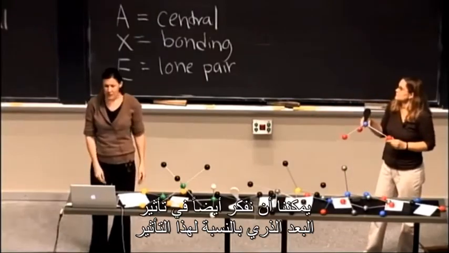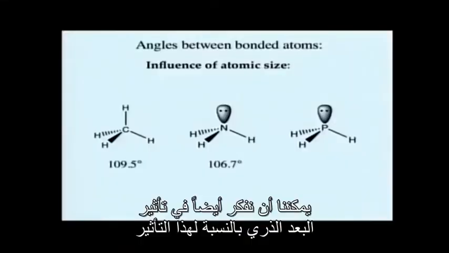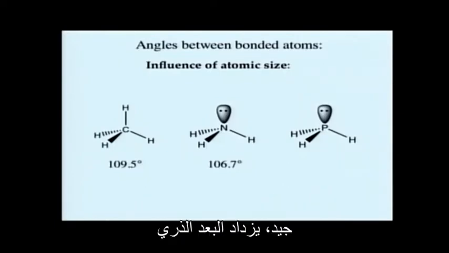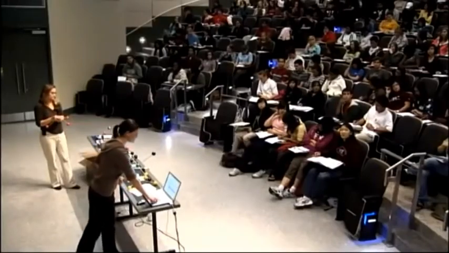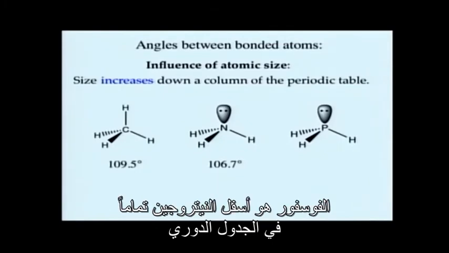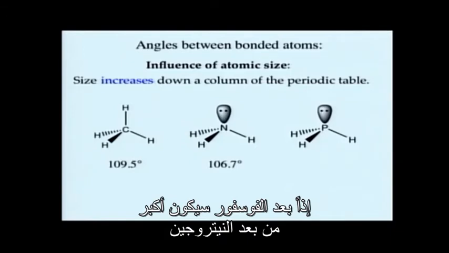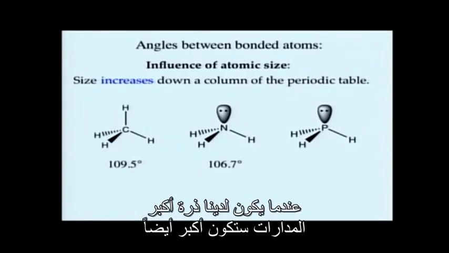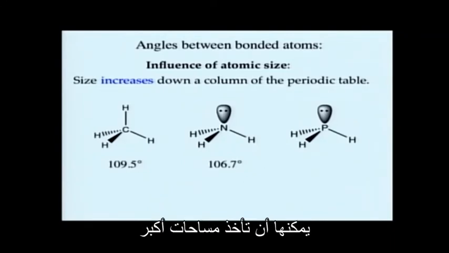We can also think about the influence of atomic size on this effect. First, what happens to atomic size as you go down the periodic table? Good, it increases. Phosphorus is right underneath nitrogen, so phosphorus is going to be bigger than nitrogen. When we have a larger atom, the orbitals are also larger and can take up more space.